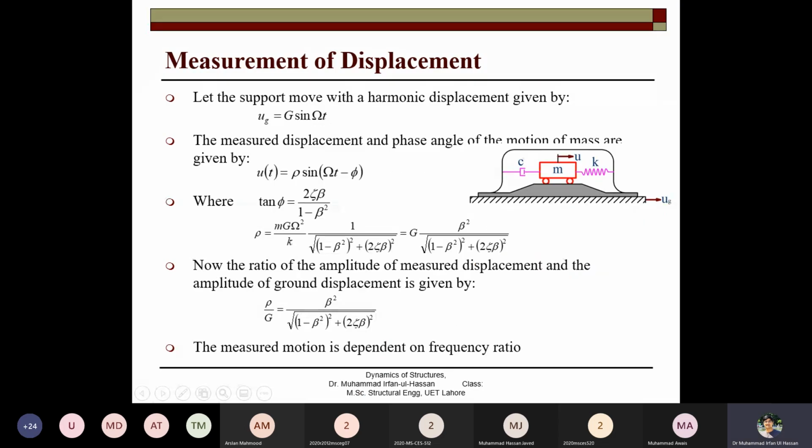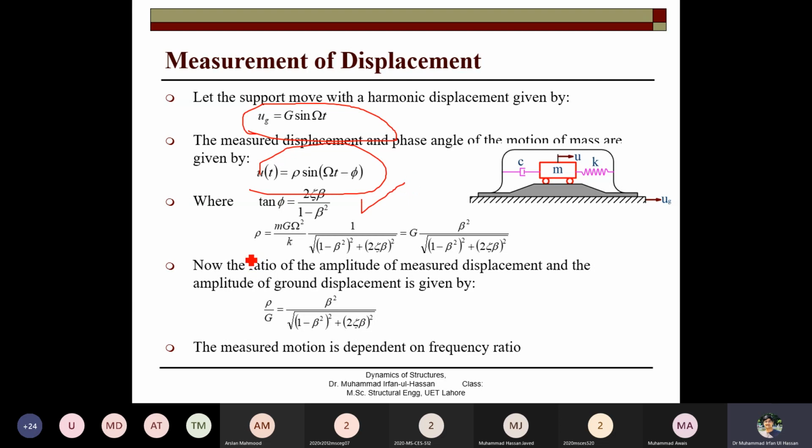You can see here what the ground displacement UG is: G sine omega t. And it can be written in this form, tangent phi. These are all already known.